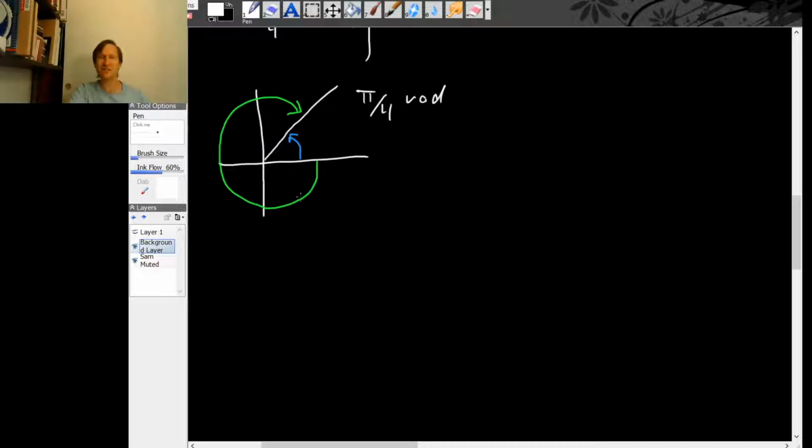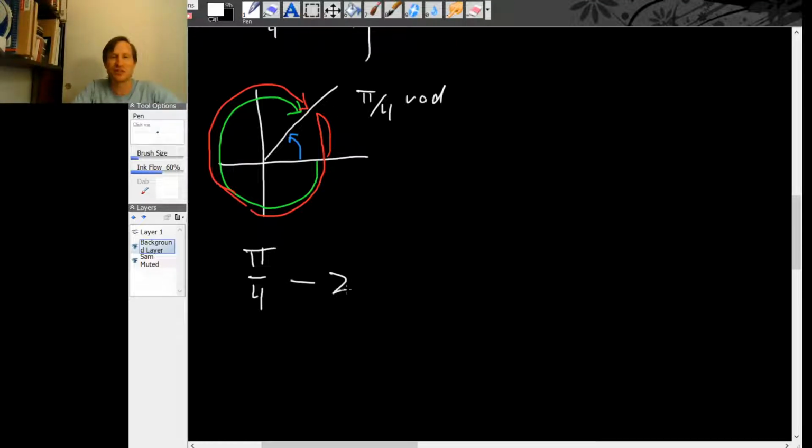Let's see what this green angle would be. Well, you can see we could produce this green angle by doing the blue angle, but then going the opposite direction a full turn. Okay, so we could start with our pi over 4. Well, if going counterclockwise is positive 2 pi, that means going clockwise should be negative 2 pi. So we should subtract 2 pi radians.